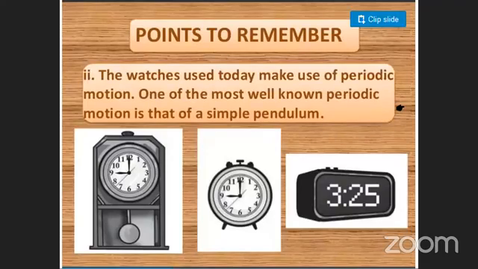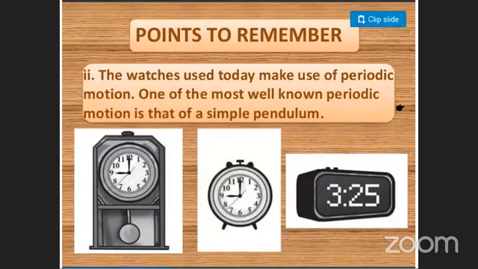Here you can see, the watches used today make use of periodic motion. One of the most well-known periodic motions is that of a simple pendulum. Note it down, point number 2. Whatever watch we are using nowadays depends on one periodic motion.